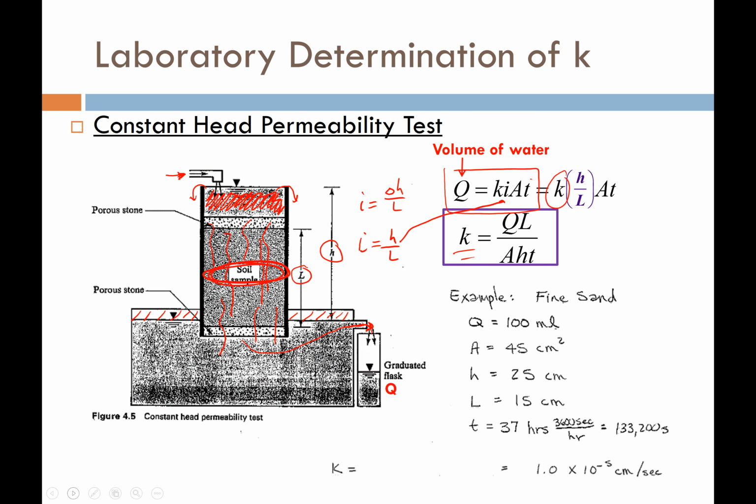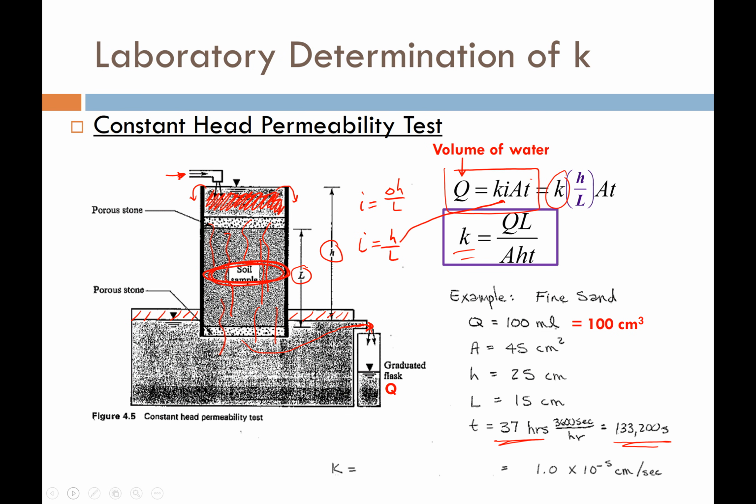To give you an example, let's say that we run a test in the picture shown on the left with a given soil, and over a period of 37 hours, or 133,200 seconds, we collect 100 milliliters of water, or 100 cubic centimeters, in our flask.